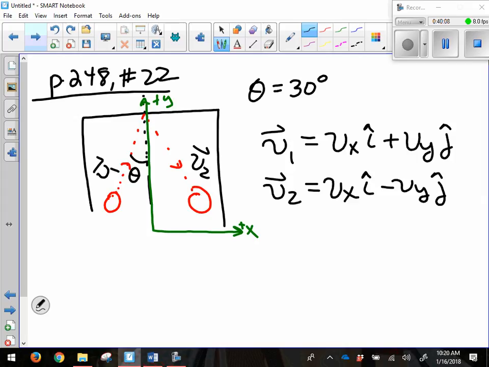Okay. So if I let this whole line here be V1, then this is going to be Vx, and this is going to be Vy, right?